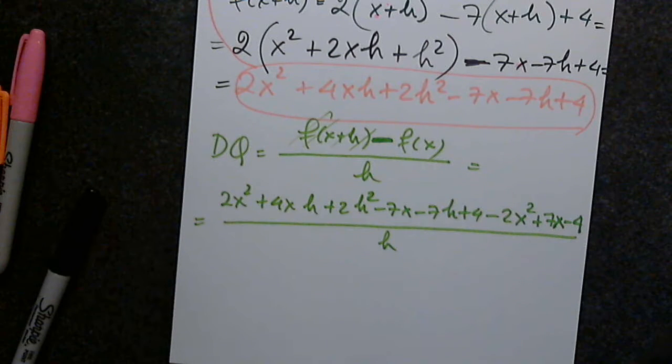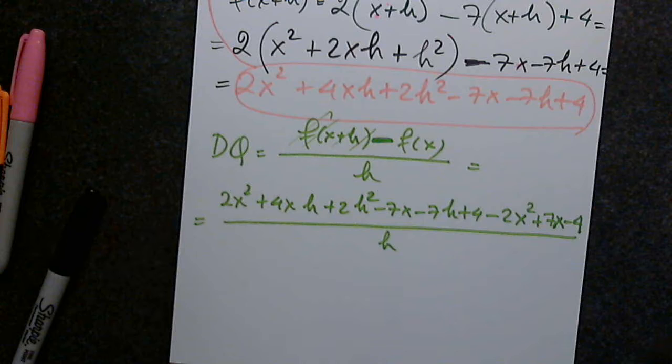We have to talk about two things that have to happen. Give me one second because I need you to be aware of what has to happen. If it doesn't happen, we have an error somewhere. The first thing that has to happen: from all the terms on top, everything has to cancel out except the ones that have h in them.